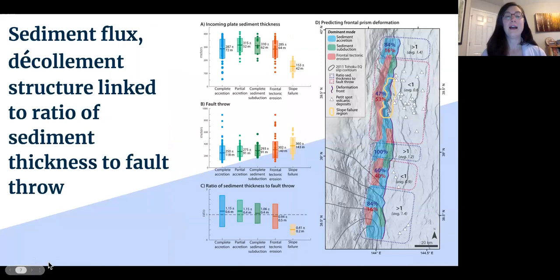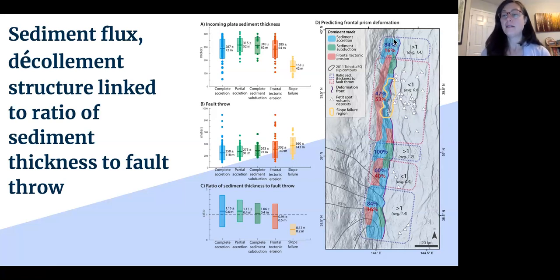Importantly, we find that there seems to be a genetic link between sediment flux and décollement structure that is linked to the ratio of sediment thickness to fault throw. That is, in regions where the sediment thickness is greater than local fault throw, regions here in blues and purples are regions that experience predominantly sediment accretion, whereas regions that have larger fault throw than sediment thickness, such as here and here, experience predominantly sediment subduction and potential tectonic erosion.